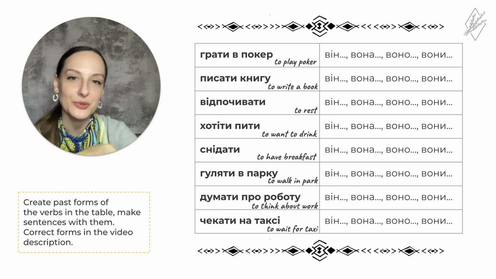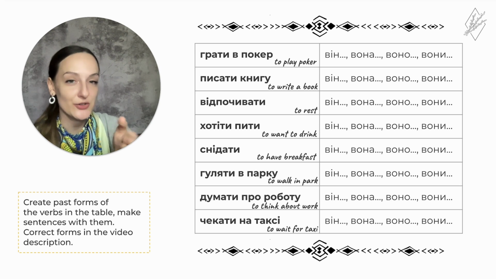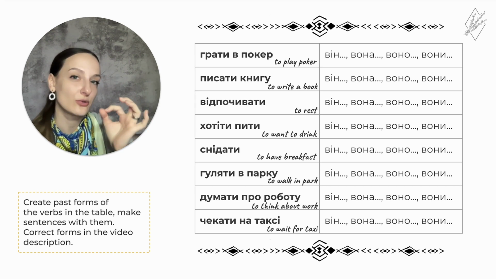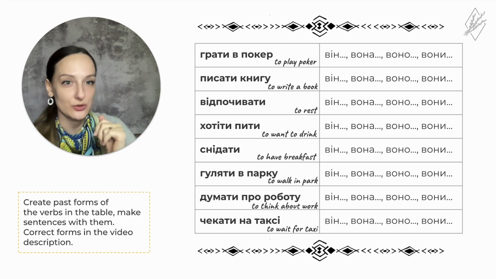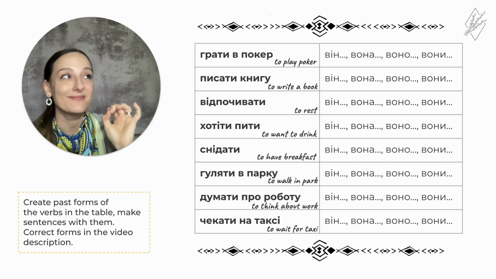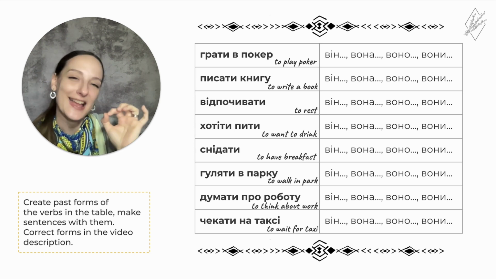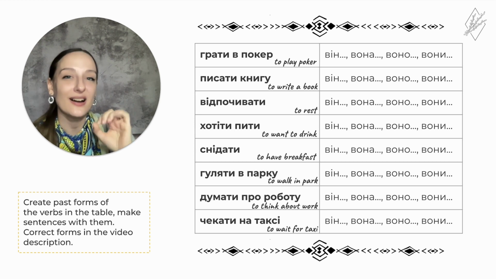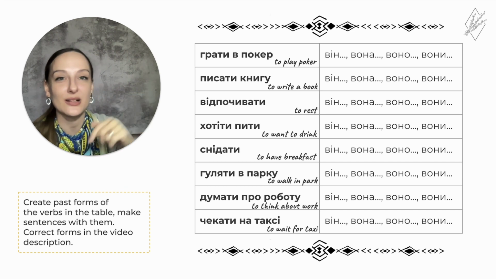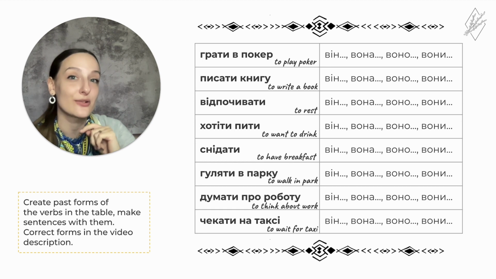Great. Now, I want you to practice just by yourself. You could stop the video. You have the phrases with translations in which you need to change the verbs to the past tense for masculine, feminine, neuter form just for training the neuter form, and plural form. The answers, the correct phrases, I will write in the description to this video so you could check yourself.